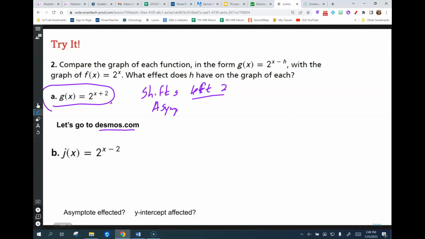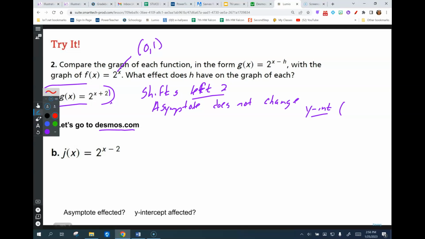My asymptote does not change. And it makes sense that it wouldn't change because the graph didn't change vertically. It only changed horizontally. So it shifts 2 to the left, okay? So it goes in the opposite direction. Remember those parentheses make it go in the opposite direction.